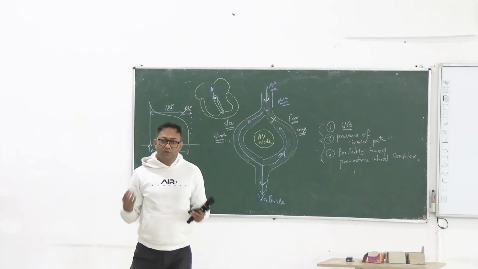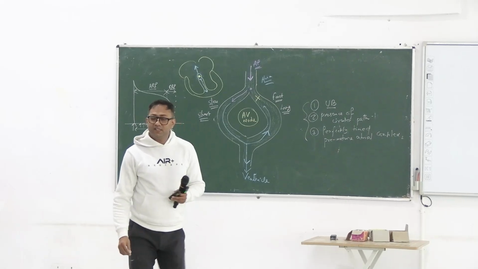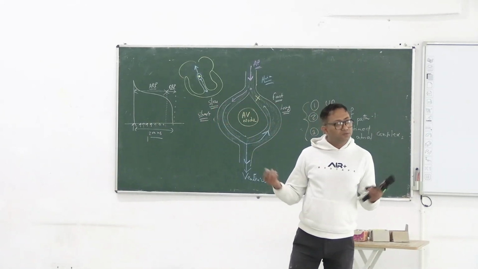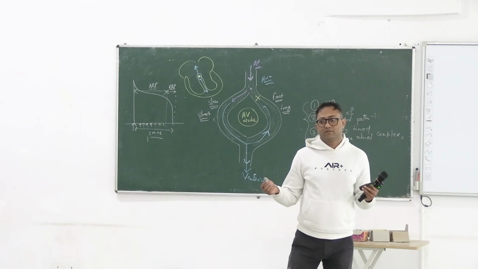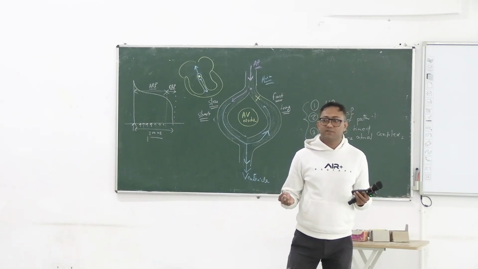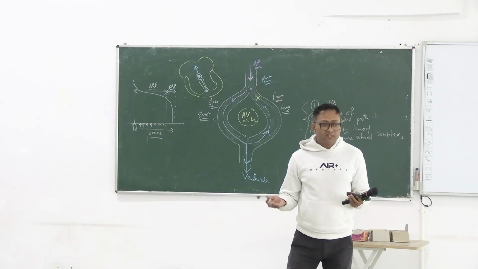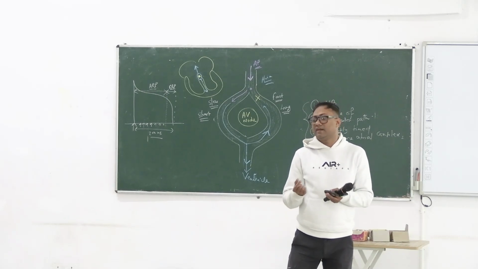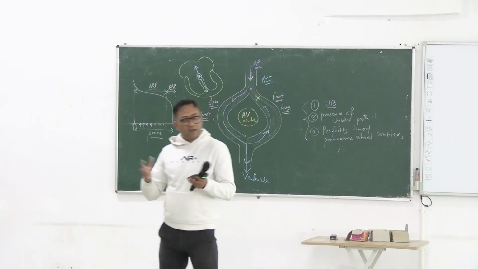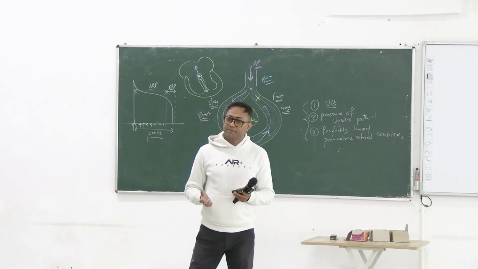Okay, so now what will happen, how will the ECG be? If the P wave and QRS complex occur together, which has more voltage, the P wave or the QRS complex? The QRS complex has more voltage, because the atria are thin, the atrial muscle mass is less, and the ventricle is large, it has a high muscle mass, right?